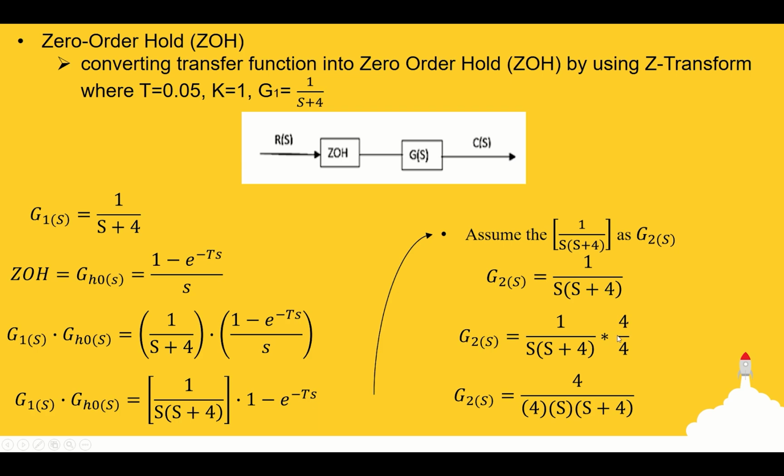We multiply by 4 because we need to make it exactly the same as in the Z transform table, because we need to change the S domain to the Z domain. So we will get 4 over 4 times S plus 4.